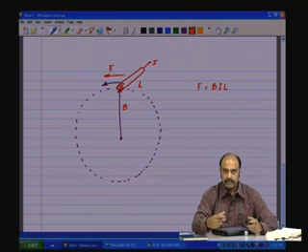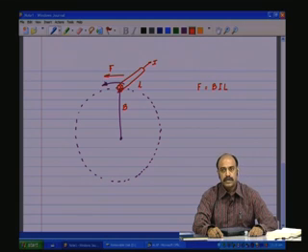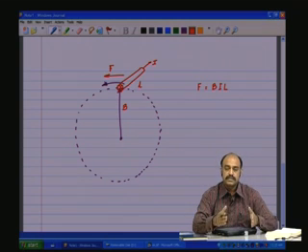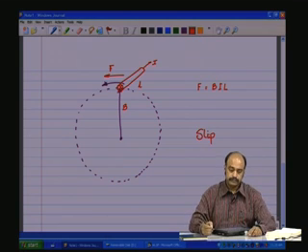So the rotors will never catch up. There will always be a slight difference between the magnetic field rotation speed and the speed at which the rotor conductors rotate, and this difference is called the slip.